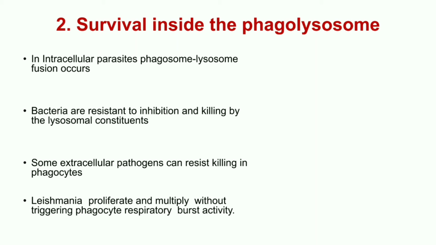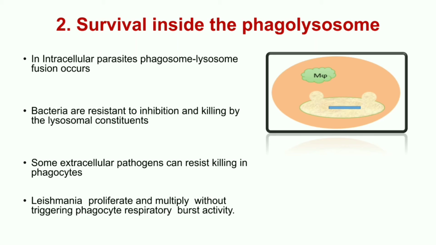One such example is Leishmania, which proliferates without multiplying, triggering phagocytic respiratory burst activity. As you can see, in this case, there is fusion of phagosome and lysosome, but the bacteria are resistant to the attack of phagosomal lysosomal enzymes.